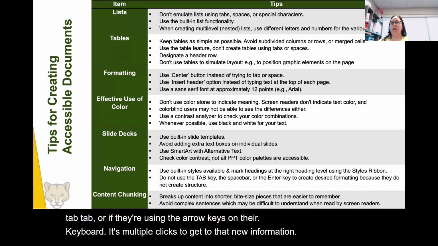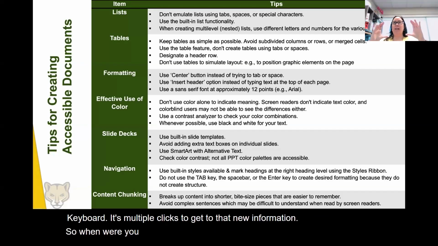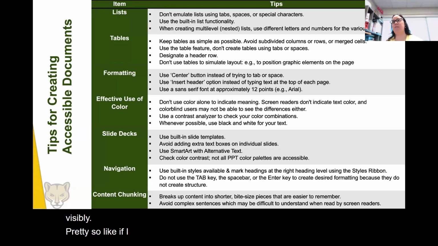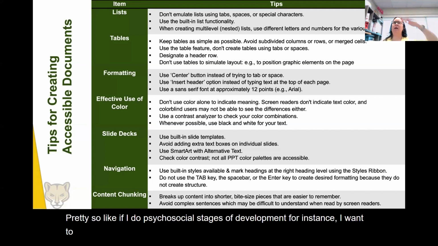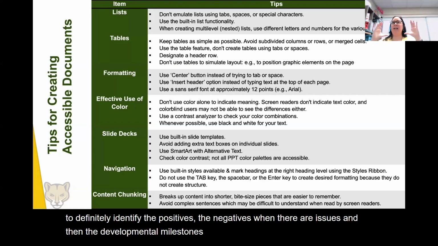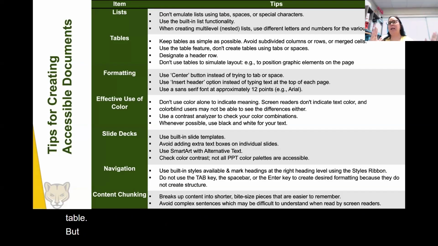So when we want to organize our content to make it visibly pretty, like if I do psychosocial stages of development, for instance, I want to definitely identify the positives, the negatives when there are issues, and then the developmental milestones. So I want to make sure it is pretty in a table, but I want to make sure that it is also accessible too.